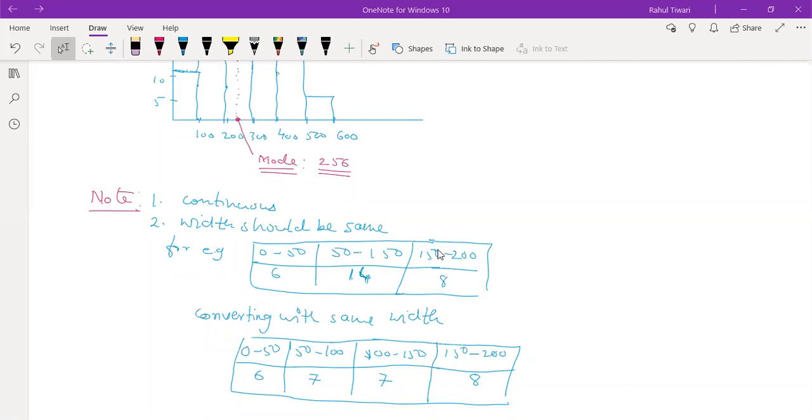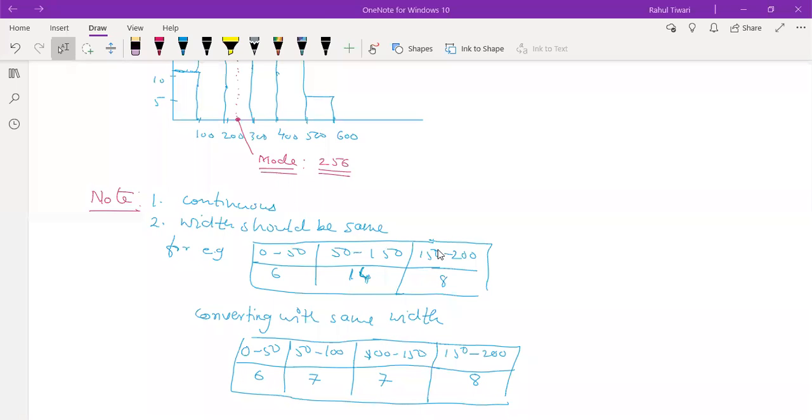One may use this technique also. But as I mentioned, if it is 15, then it depends on you whether you take 8 here or 7 here, based on your frequency.